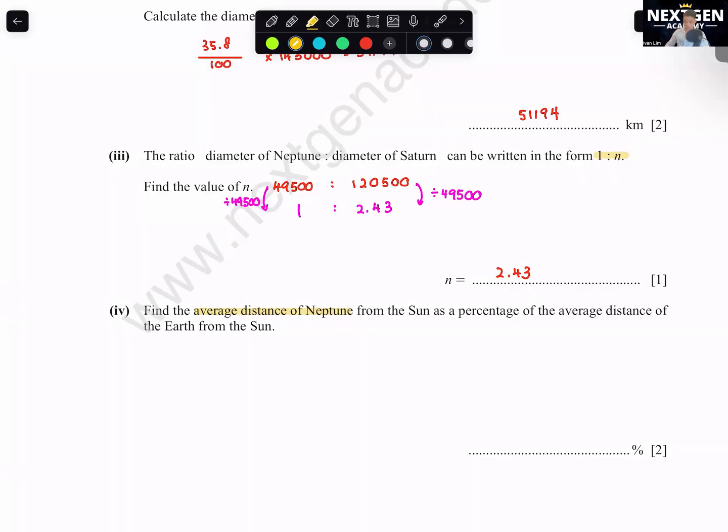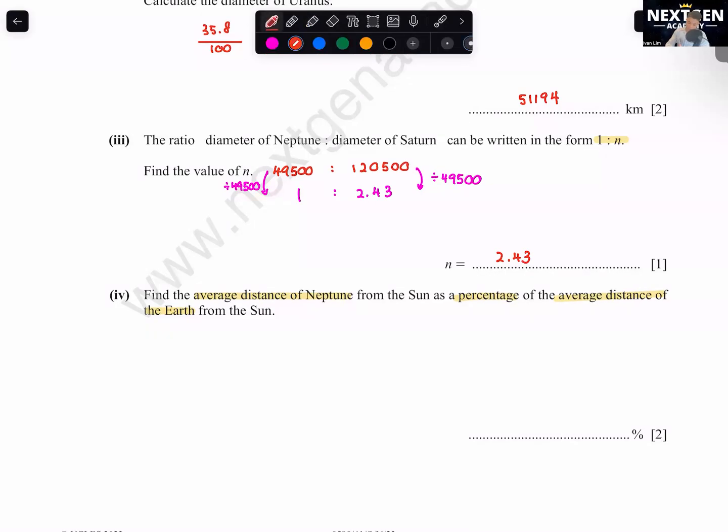The average distance of Neptune from the Sun as a percentage of the average distance of Earth from the Sun. So the distance of Neptune over the distance of Earth. Your calculation will be: Neptune is 4.495 times 10 to the power 9.